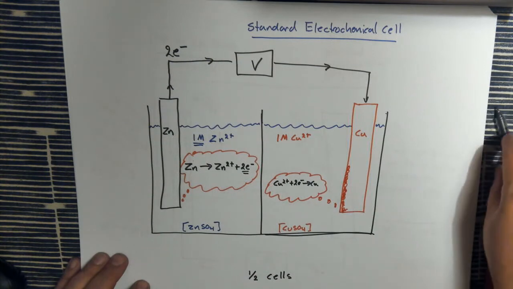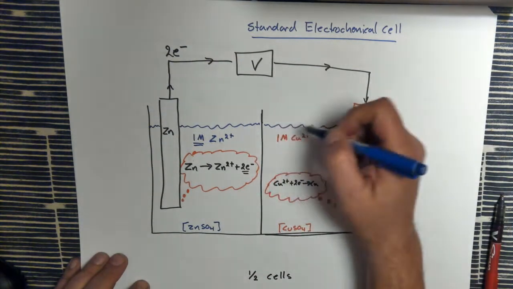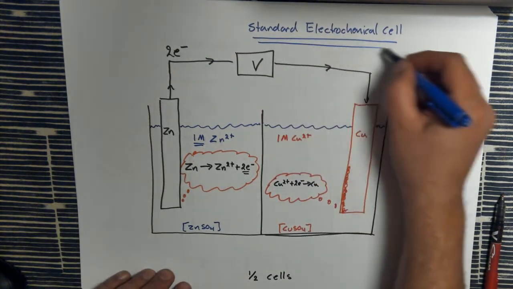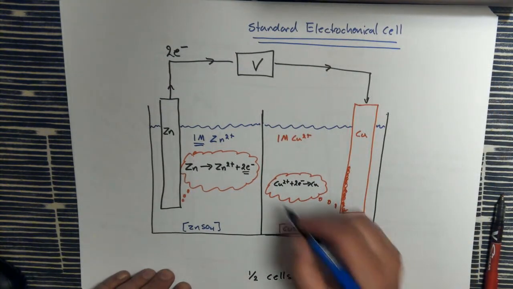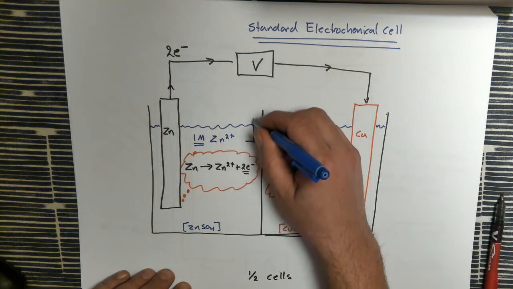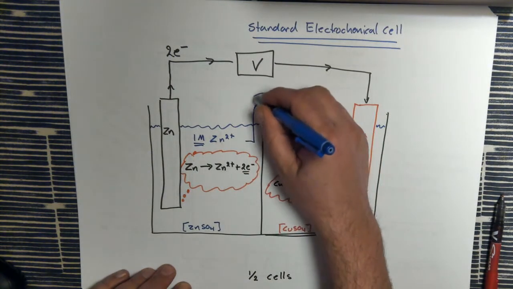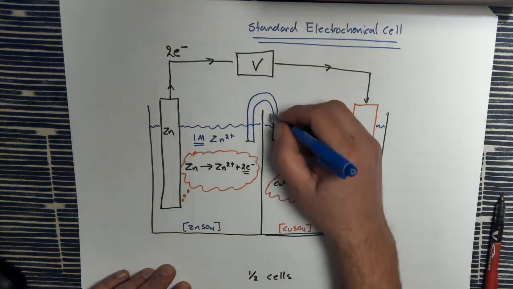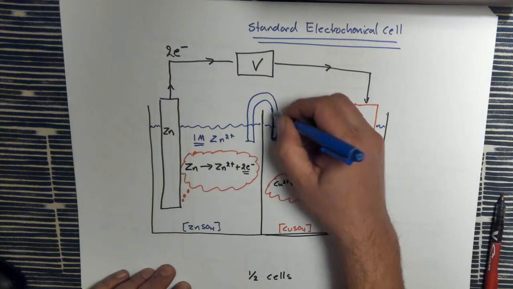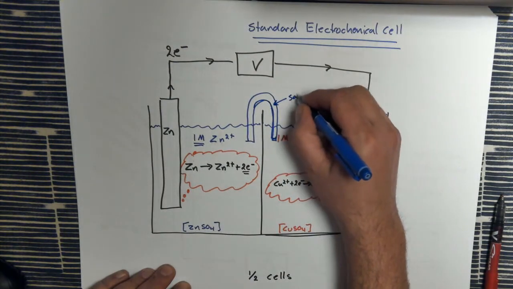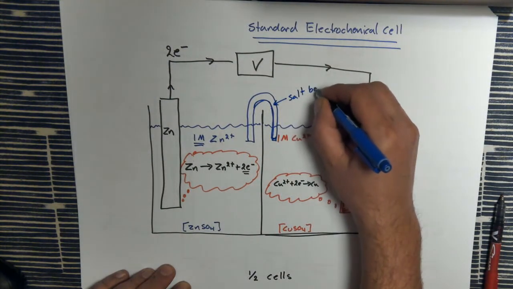So the solution to this problem, when you want to isolate the two processes, as you do in a standard electrochemical cell, is you have to connect the two with some sort of salt bridge. And this is called a salt bridge.